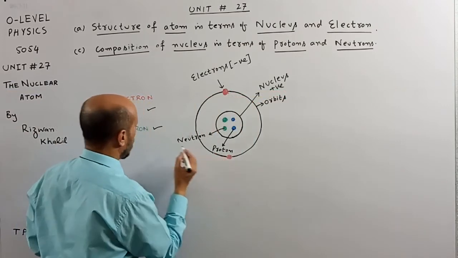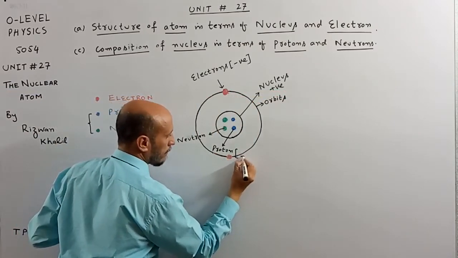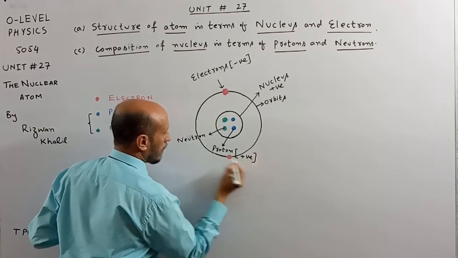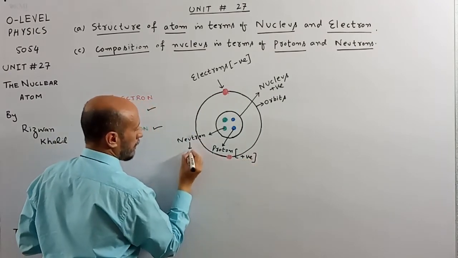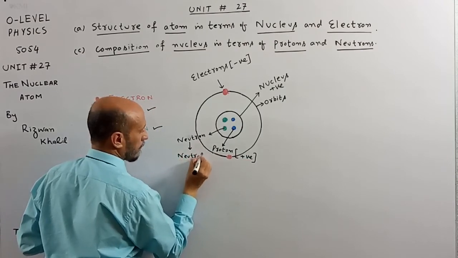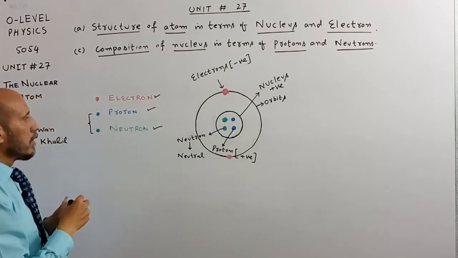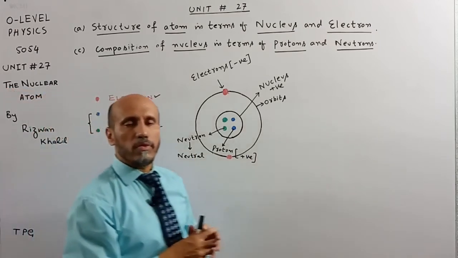Protons are positively charged particles, while neutrons are neutral. So the nucleus consists of how many particles?